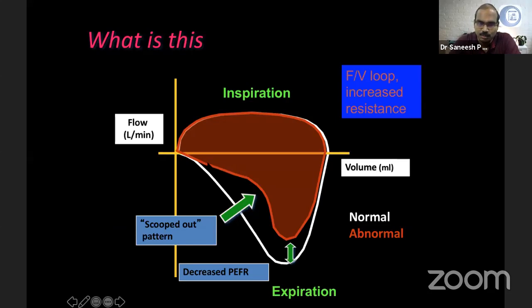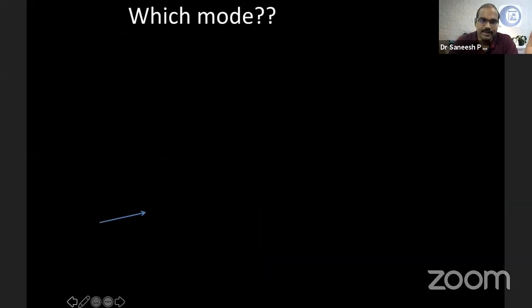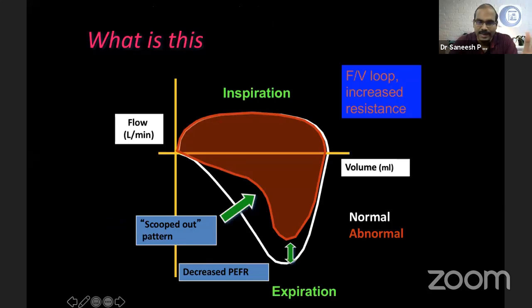This scooped-out appearance is also very characteristic because exhalation happens against increased resistance. From the patient end we can give bronchodilators and relax the bronchospasm so that the scooped-out appearance disappears and the peak expiratory flow rate normalizes.